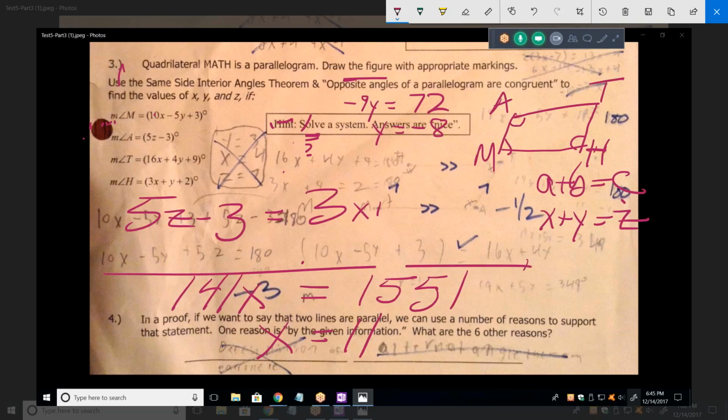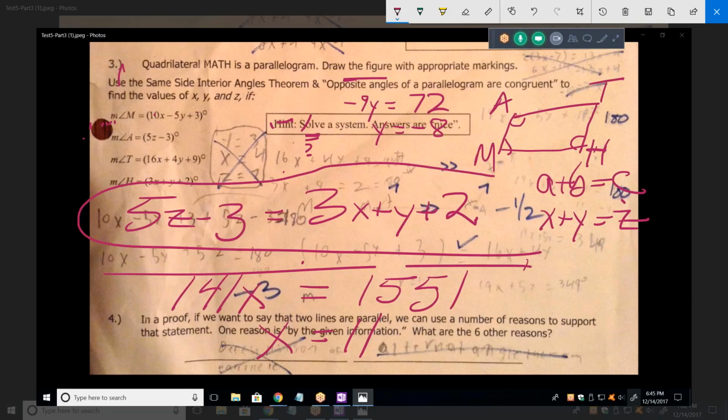3x plus y plus 2, only I now know what x and y are. Yeah. X is 11, y is minus 8. Let's solve that for z.